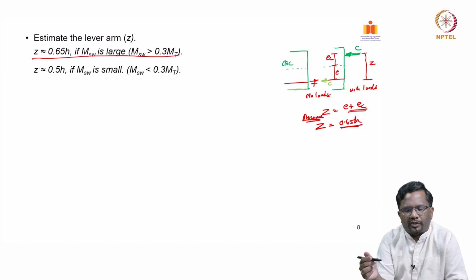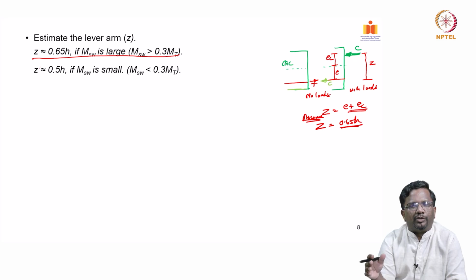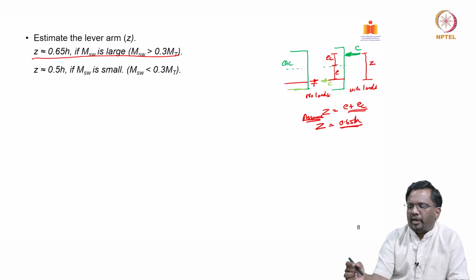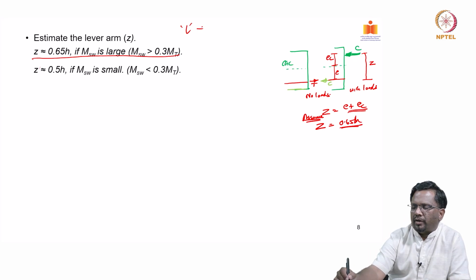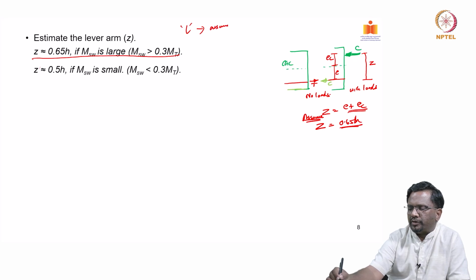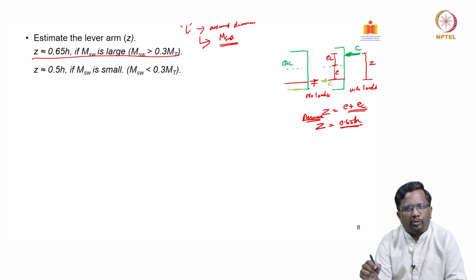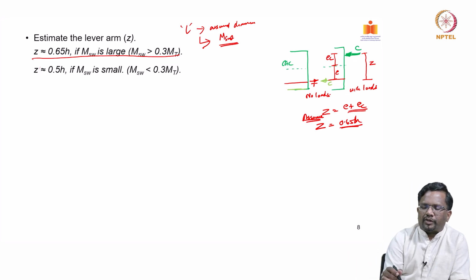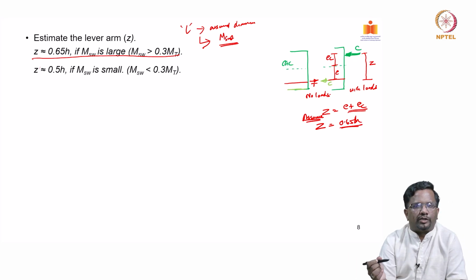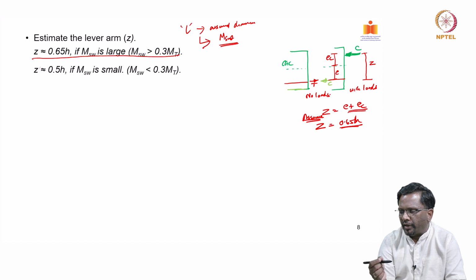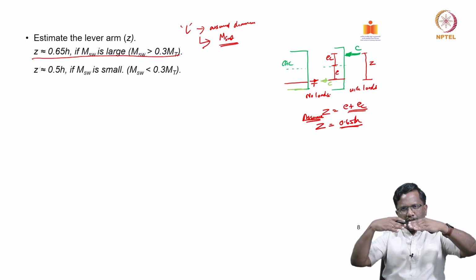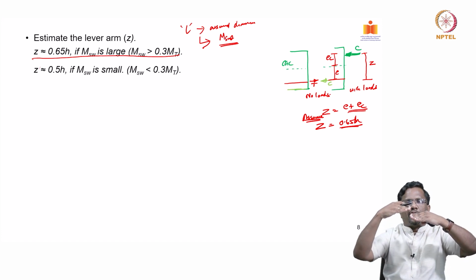When do you say self weight is large? Let's say that with assumed dimensions you calculate your self weight. Again, you know the span, you know assumed dimensions. From here I can calculate what is the self weight moment. So if the self weight moment is working out to be more than 30% of your total moment, then we say that lever arm you take as 0.65 h. Why? When self weight itself is acting, C would have slightly moved up.